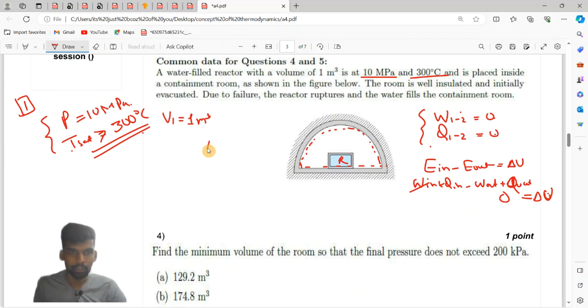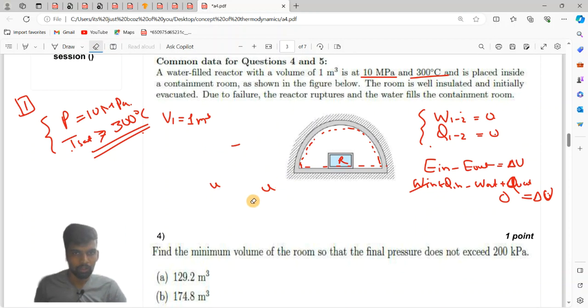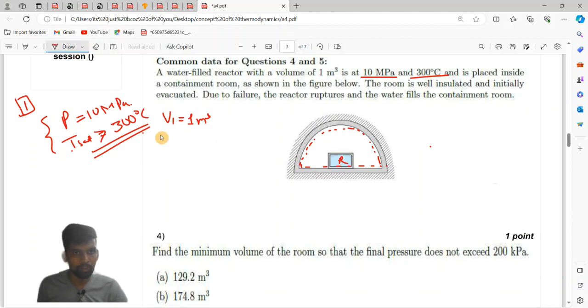What we have is delta U is 0, which means U2 minus U1 is 0, or m times (U2 minus U1) is 0. Since mass is not 0, the specific internal energy will be equal at state 2 and state 1. So U1 is equal to U2.